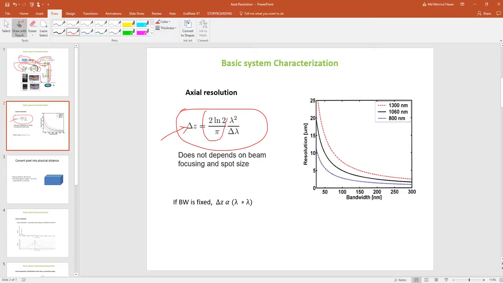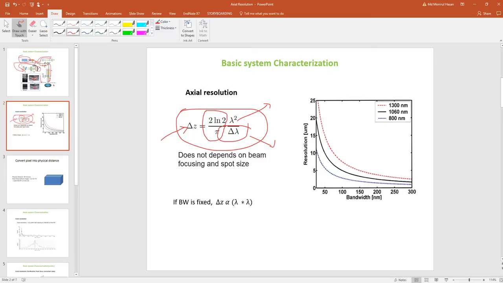These are constant parameters. If you notice, the axial resolution only depends on lambda, the central wavelength of your laser source, and del lambda, the bandwidth.